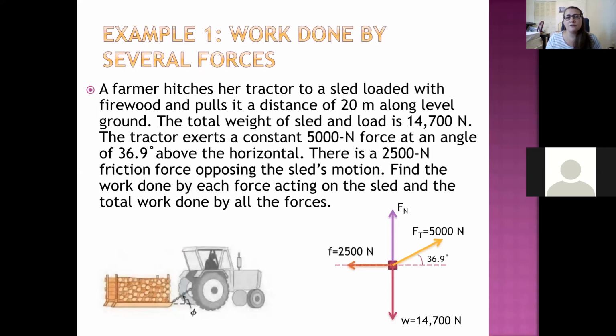And lastly, we have friction opposing the direction that it's moving, so that would be 2,500 newtons of friction force. So this is our free body diagram. I drew all of the forces different colors because they are not all the same size. We don't really know how big the normal force is, but we know it's not the same as the force of gravity. Okie dokie.